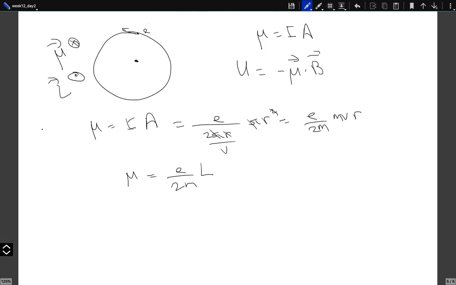So you have these two vectors whose magnitudes are related like this, and whose directions are opposite to each other. Then I can just say that the magnetic dipole moment vector is equal to minus e over 2m multiplied by the angular momentum vector.